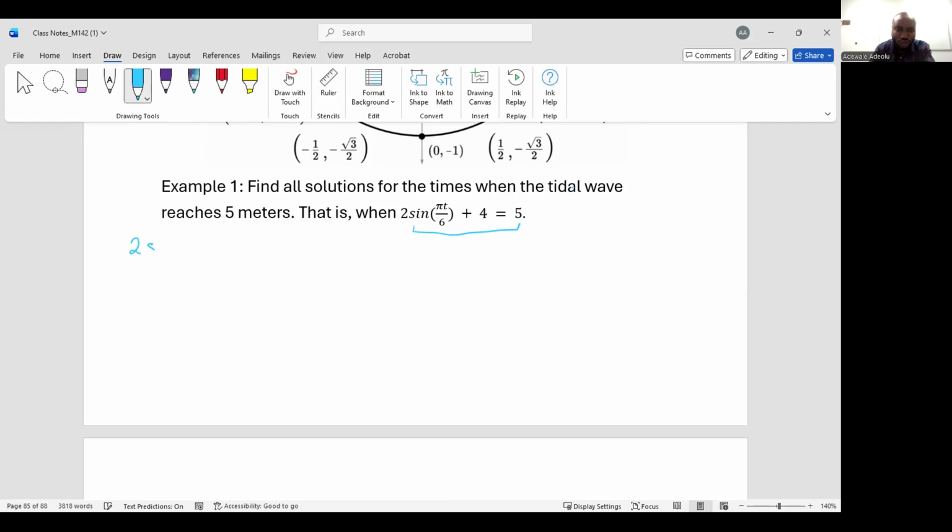So we do know this is similar to saying solve something like this. You cannot solve this yet, right? So that is what we want to do. But now we will account for some things. 2 sine of pi t over 6 plus 4 equals 5. So I will say this is 2 sine pi t over 6 equals, I will subtract 4 from both sides, and here is 1.